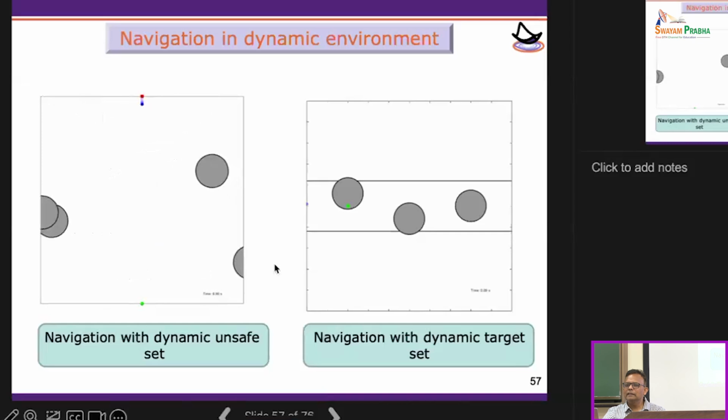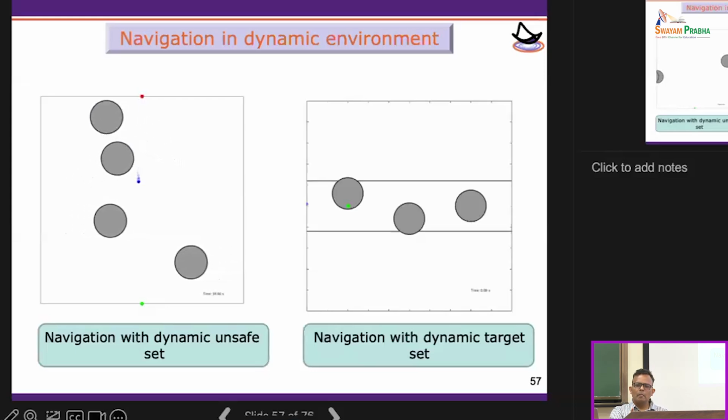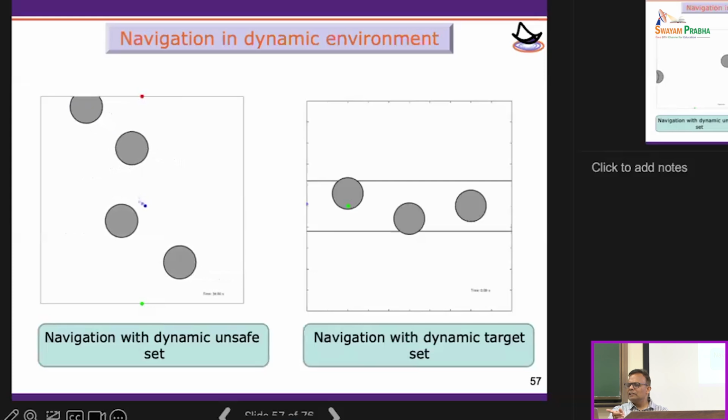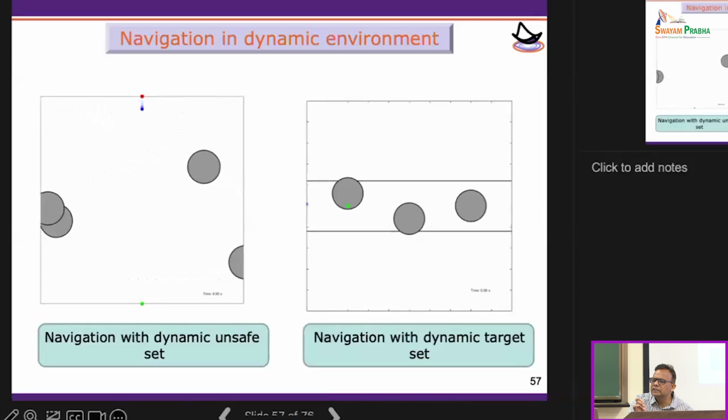It's kind of fun because this looks like some emergent behavior is emerging, right? You just design the simple laws. So what is the difference between this and the static unsafe set? In the static unsafe set, all you have to do is change the h, right?